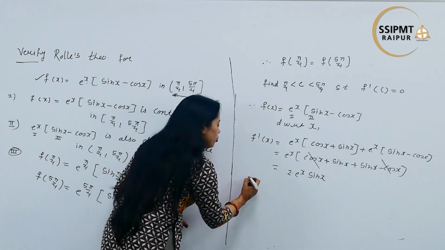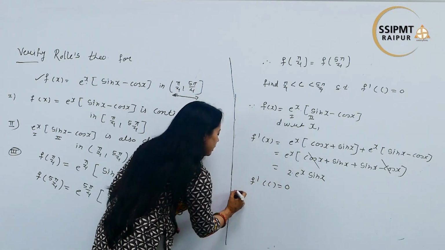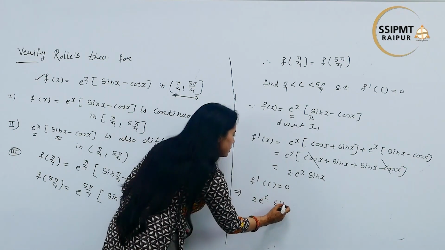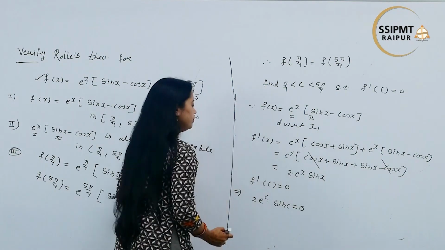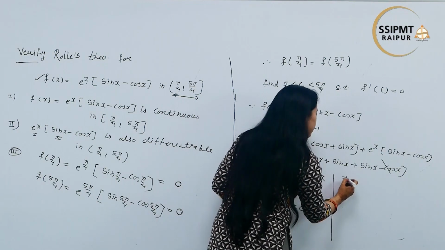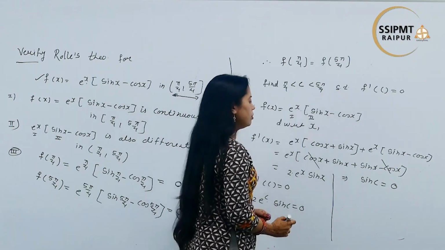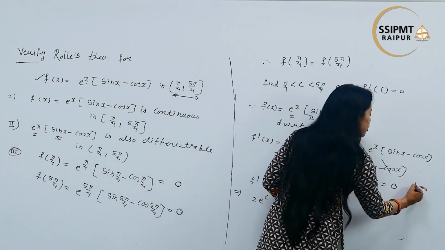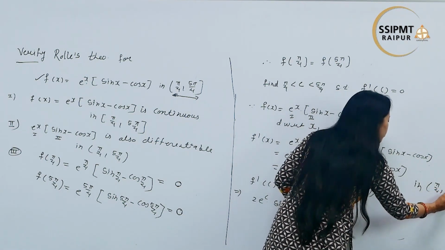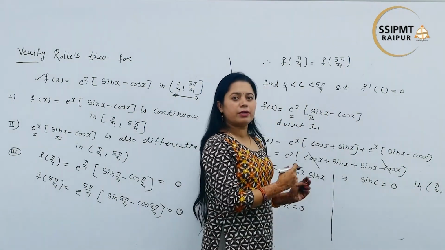So if we use the formula f'(c) equal to 0, it gives us 2e^c sin c equal to 0. So we can write it as sin c equal to 0, and in the range pi/4 to 5pi/4, the value of sine is 0 at the angle pi.